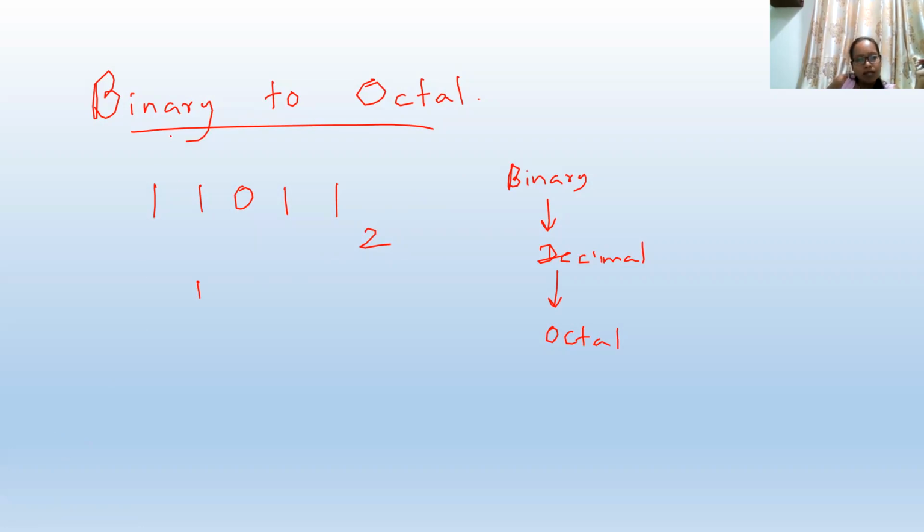Now binary means the base is 2, right? Octal means the base is 8. If you find any relationship between this 2 and 8, we can say 2 to the power 3 is equal to 8.